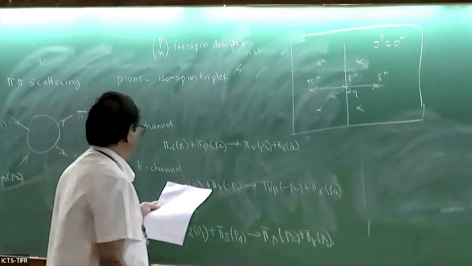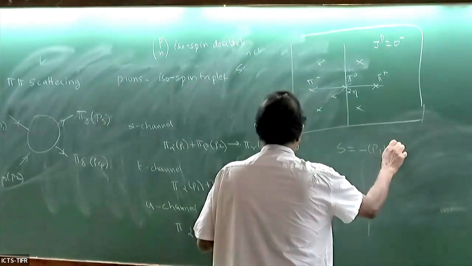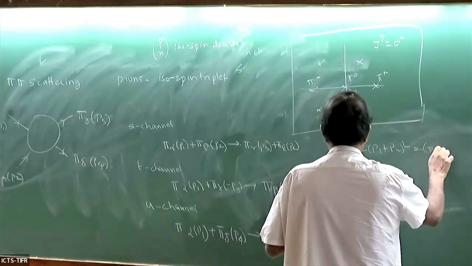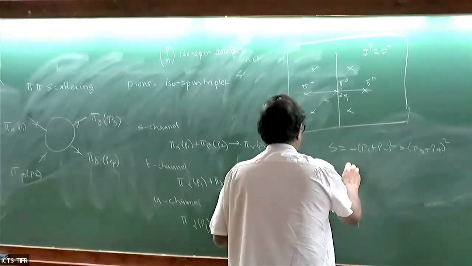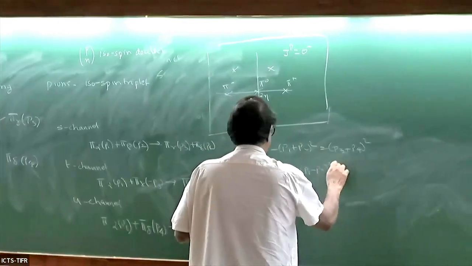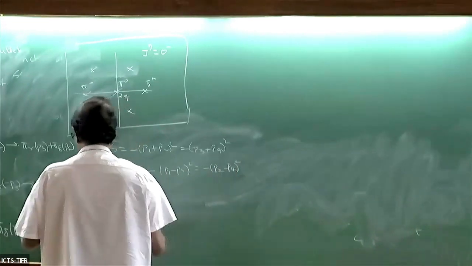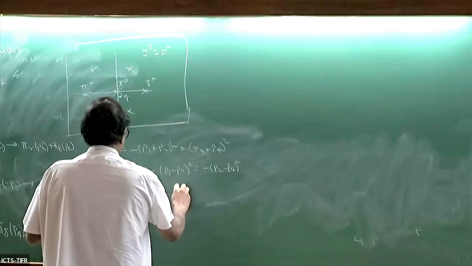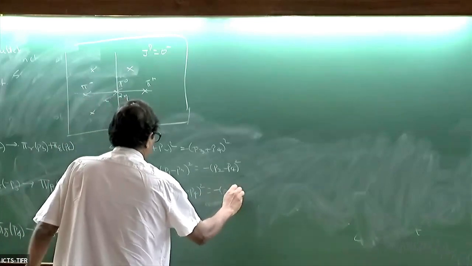And the invariants, of course, are s equals minus (p1 plus p2) squared, which from momentum conservation is minus (p3 plus p4) squared. t is minus (p1 minus p3) squared, or minus (p2 minus p4) squared. u is minus (p1 minus p4) squared, or minus (p2 minus p3) squared.